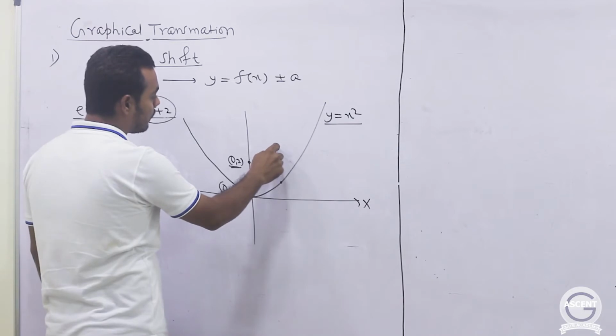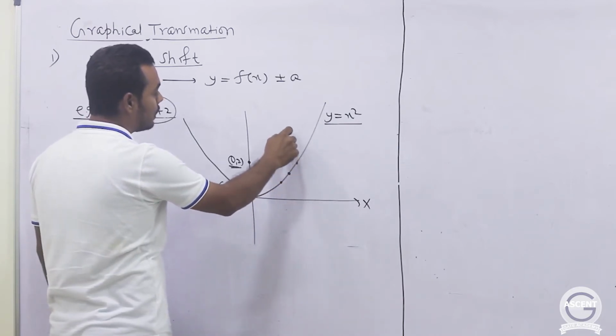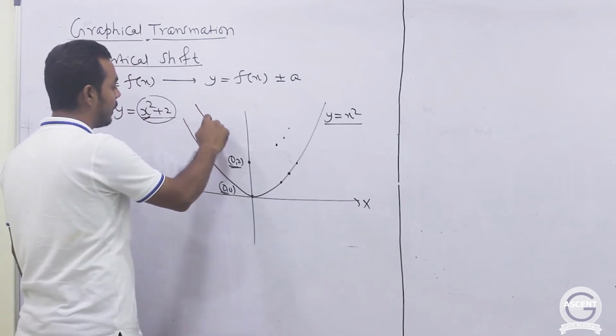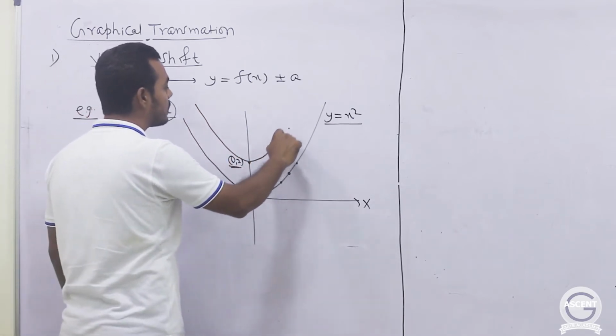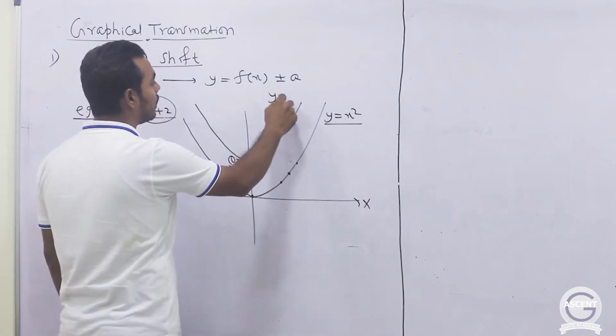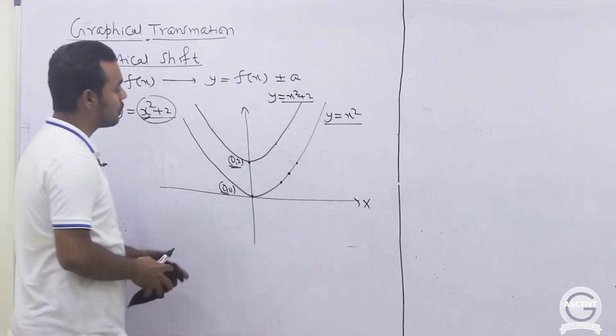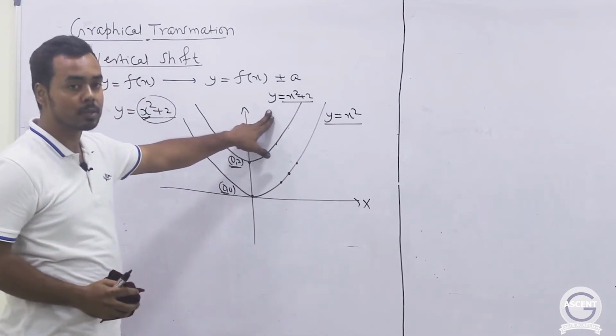So this point will shift by 2 units. Similarly, all the points will shift by 2 units towards the positive y axis, and therefore the graph that we are going to get is parallel to this one but shifted by 2 units towards the positive y axis. So this will be your graph of y equals x square plus 2.